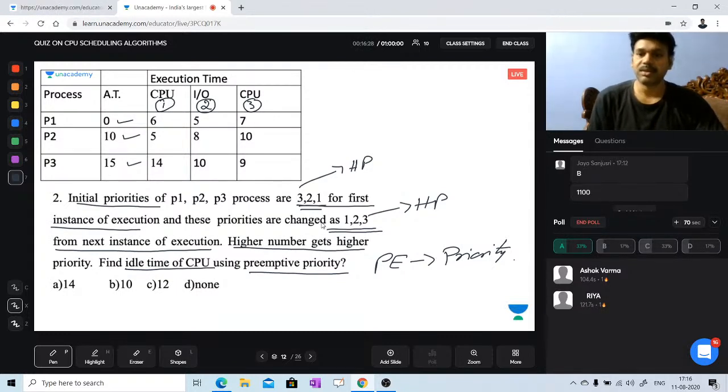Very good, very good. Ashok Verma, Riya, very good.